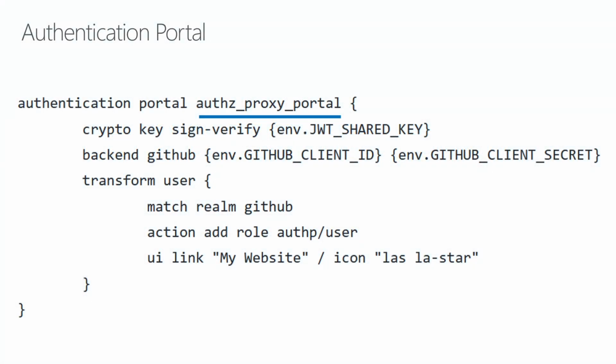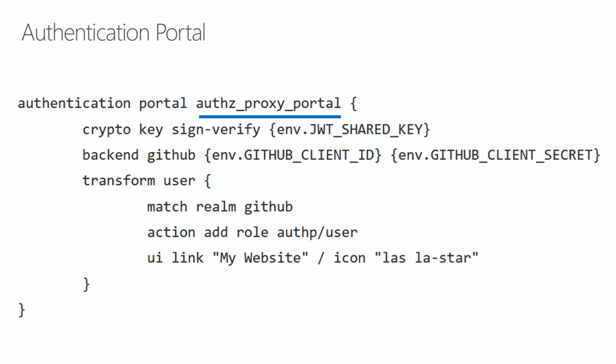SSO integration. So in here you can have an authentication portal which has a backend that's based on GitHub. So it's a GitHub SSO. You can configure that authentication portal, and there is a certain structure to the URL.